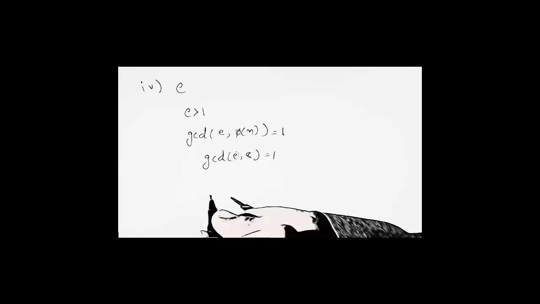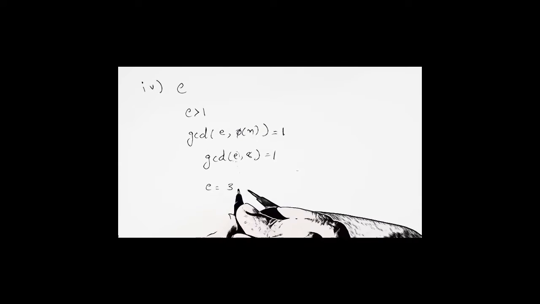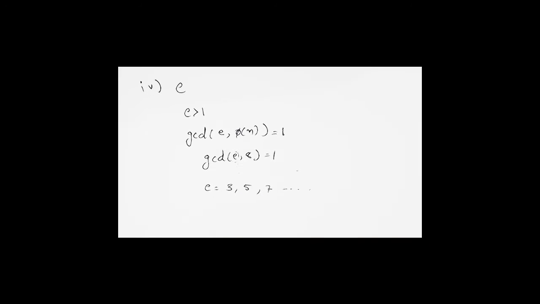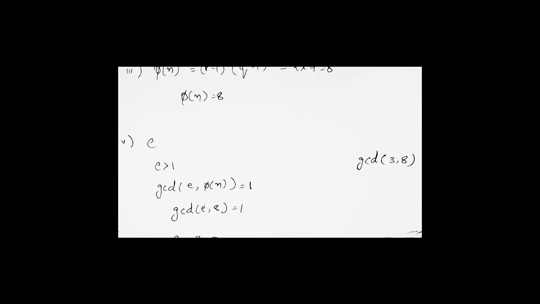So there can be many values for E that way. So E can be 3, E can be 5, E can be 7 and so on. Let us see how to calculate GCD in a simple method. Let us take GCD of 3 and 8. I hope you can see here.